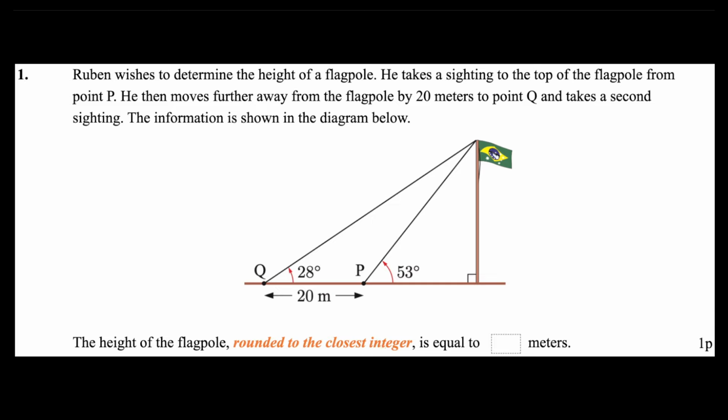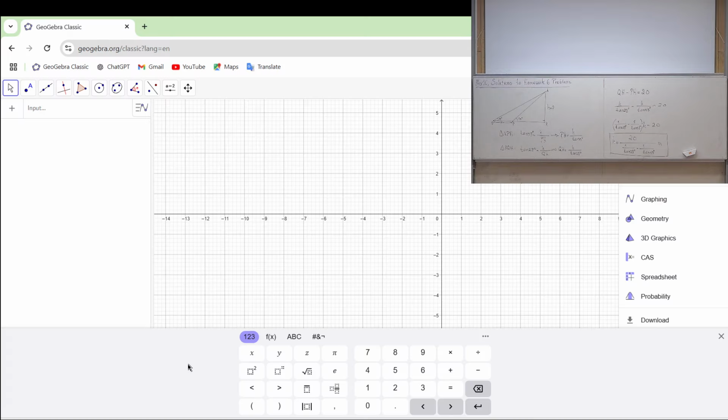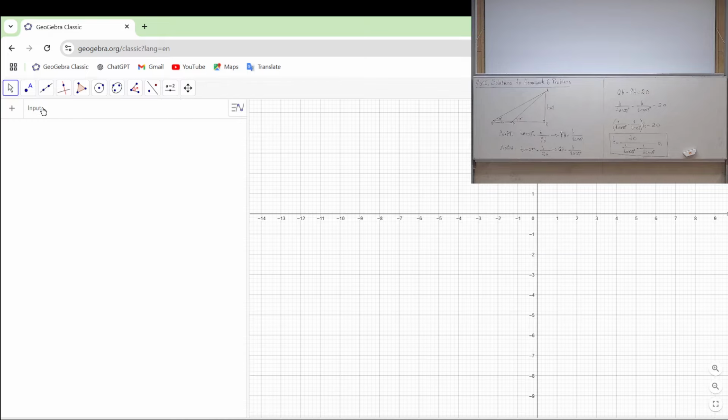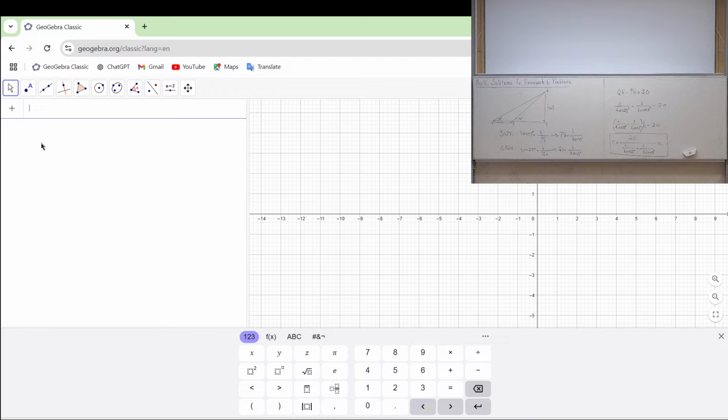Okay, so now I go to GeoGebra and I want to type that number. Let me make it a little bit bigger here. What should I type? I should type 20 divided by, and then 1 over tangent.